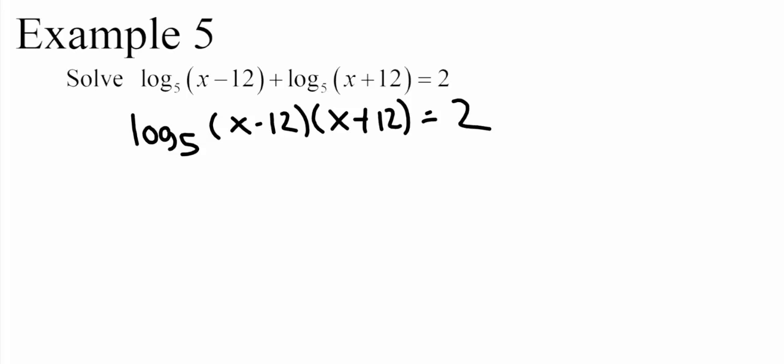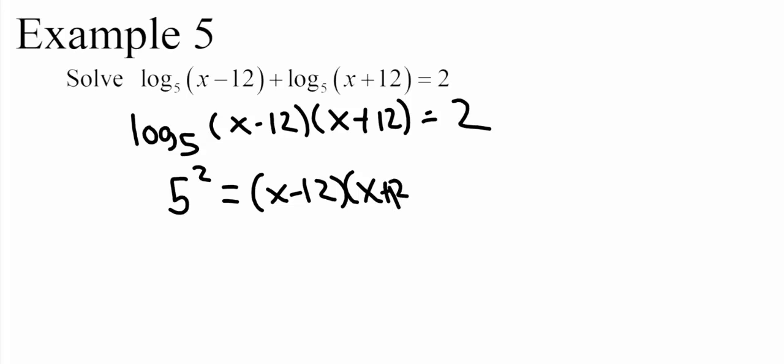Who knows, right? Because we can't cross out the log. Hopefully you remember our rule about rewriting them in exponential form. So we can say first to the last equals what's in the middle.